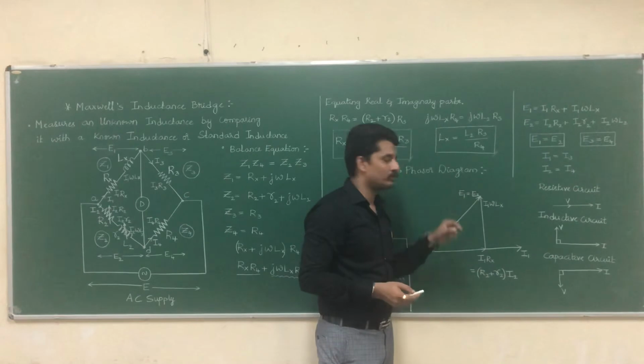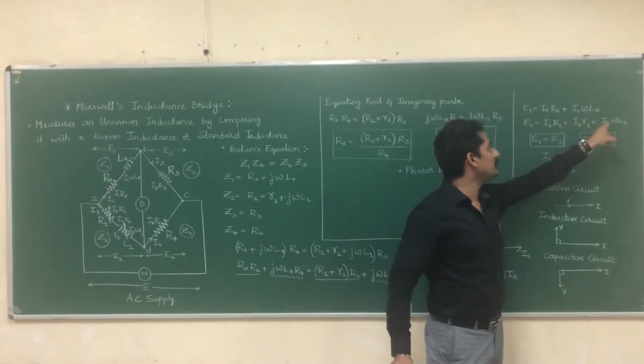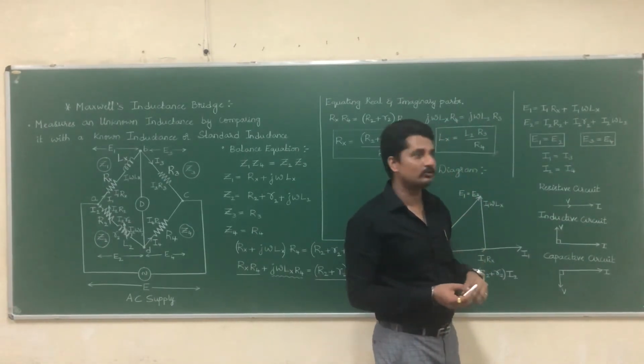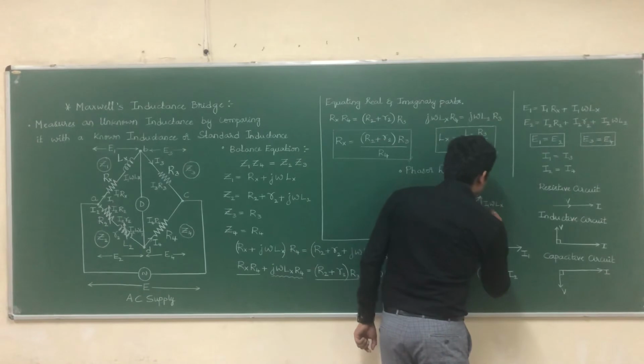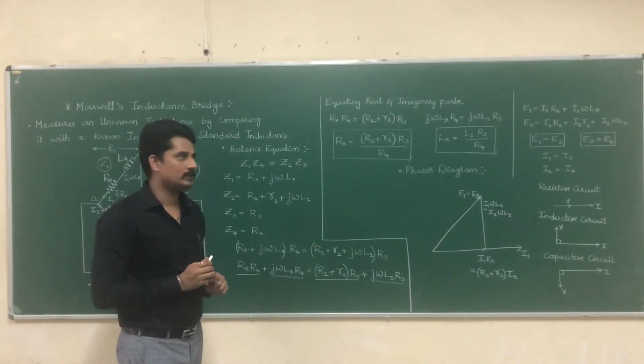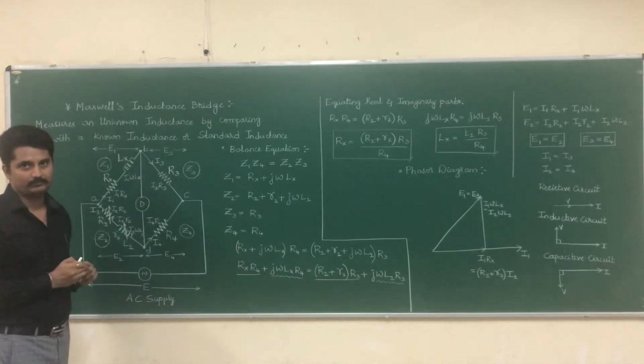If E1 is equal to E2, this I1 omega Lx will be equal to I2 omega L2, because E1 is equal to E2, right? So this value will be equal to I2 omega L2. Clear? So we have analyzed this arm.